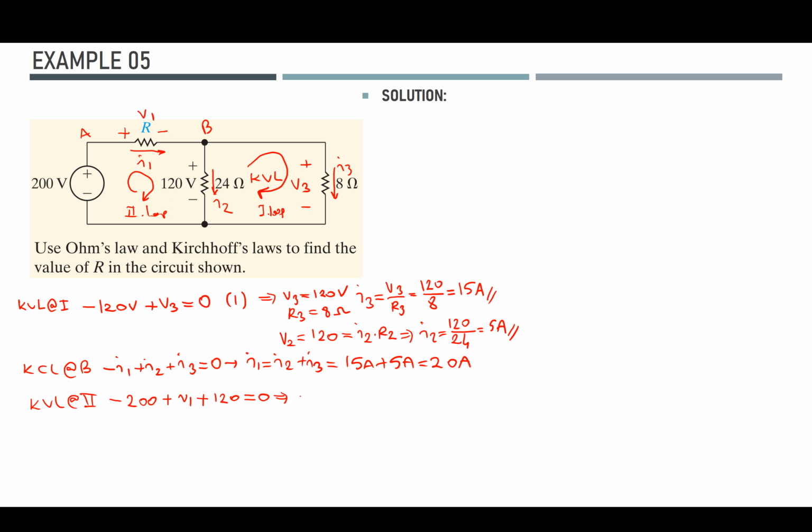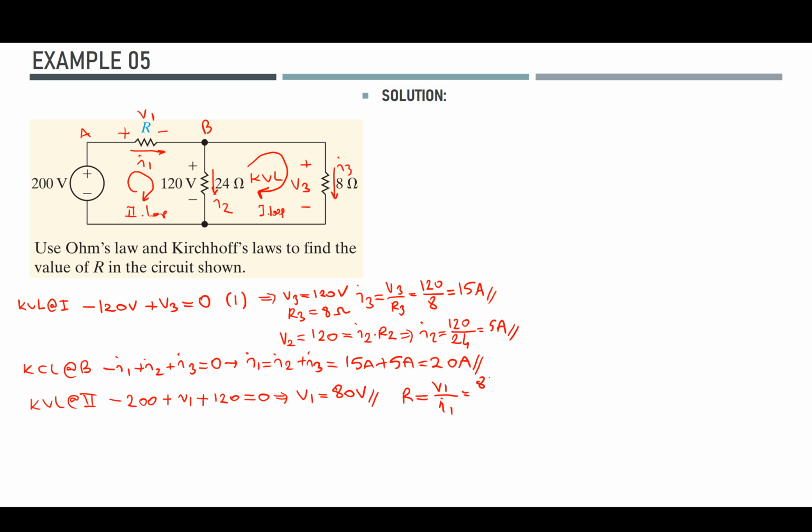So from here I can see that V1 is actually 80 volts. Now I have previously found I1, and I have also found V1, so I can use Ohm's law to calculate the unknown value of R, which should be V1 over I1.